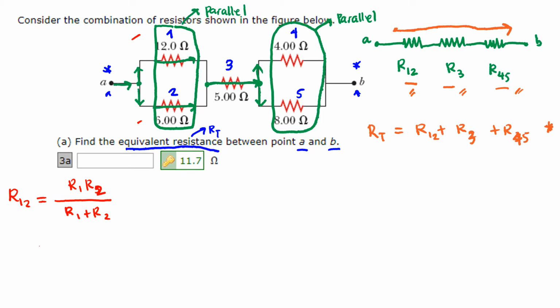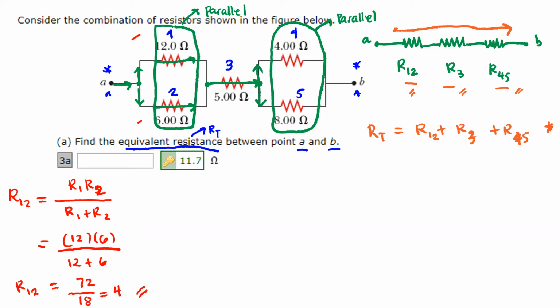That's going to give us 12 multiplied by 6 divided by 12 plus 6, and this is going to be equal to 72 over 18, and that is equal to 4. And once again, this is R12.